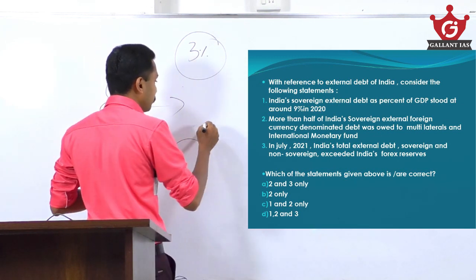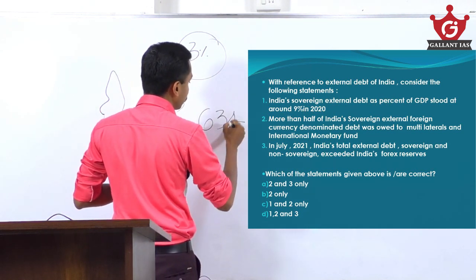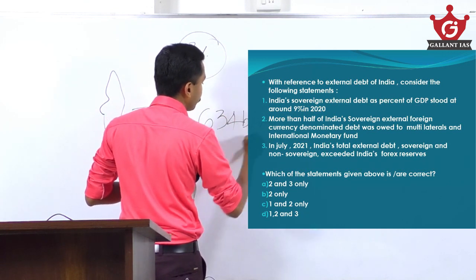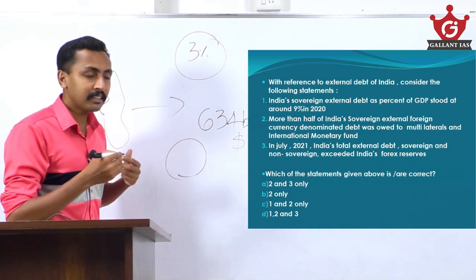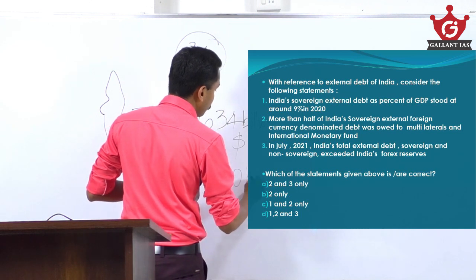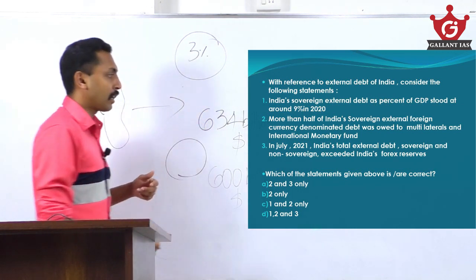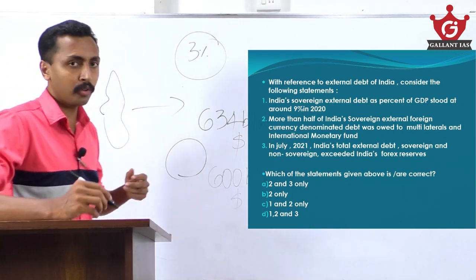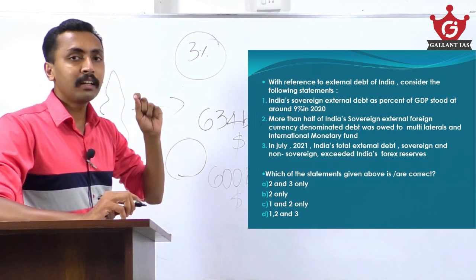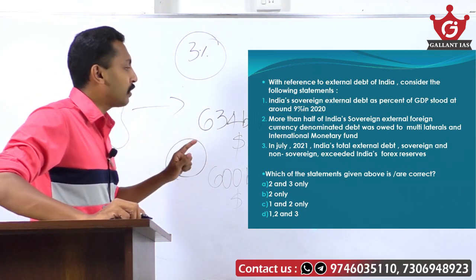Last month, India's forex reserve increased to around $634 billion, and India's external debt is below $600 billion. Actually, in July and last January 2021, India's forex reserves exceeded India's total external debt. So the third statement is wrong.